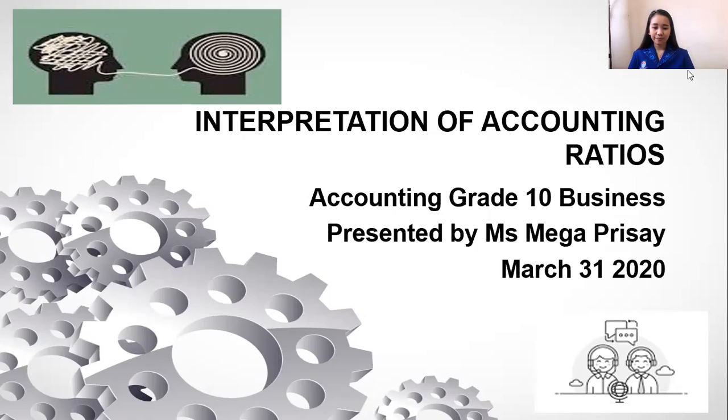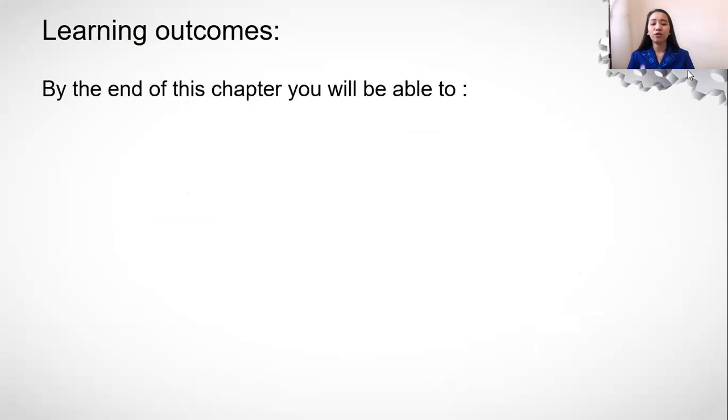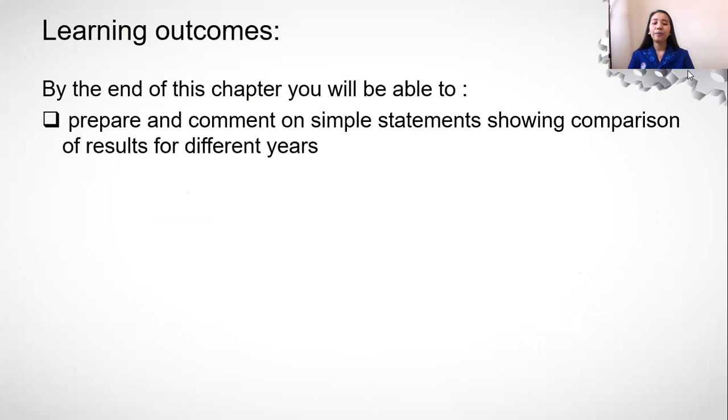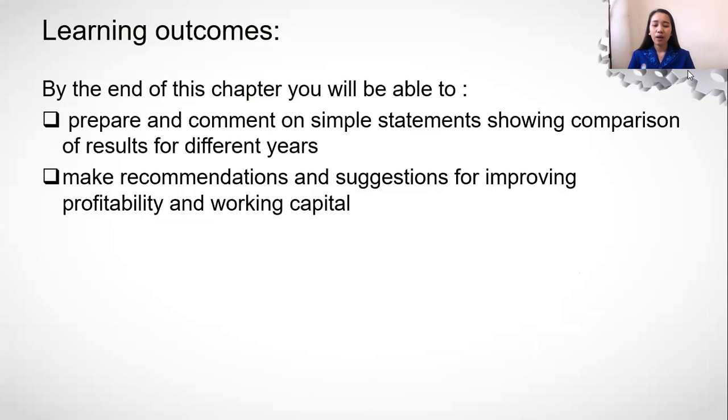The learning outcomes for today: by the end of the chapter, you will be able to, first, prepare and comment on a simple statement showing comparison of results for different years. So it's still the same company, but different years. Second, make recommendations and suggestions for improving profitability and working capital.